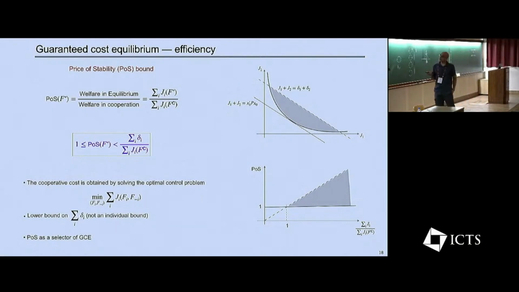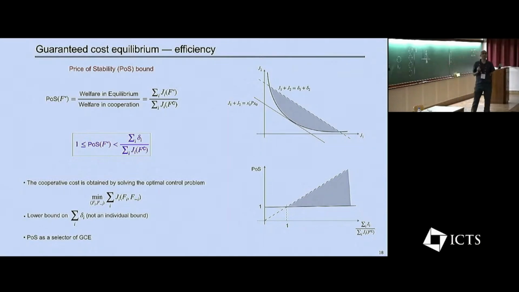The lower bound is straightforward. We get lower and upper bounds for the POS of a guaranteed cost equilibrium. The lower bound follows from the idea that costs in cooperation are the lowest you can get. The upper bound follows directly from each player's cost meeting the desired upper bound, so each player's cost is less than delta i.